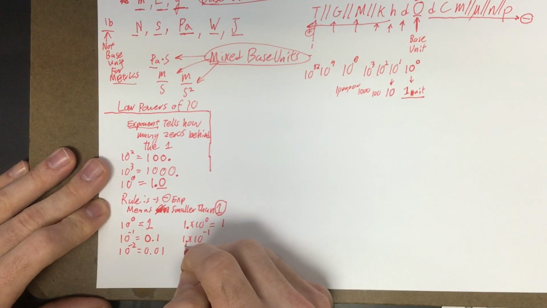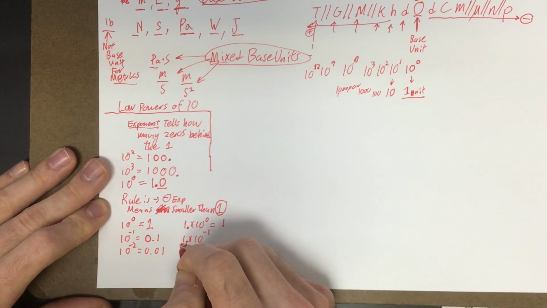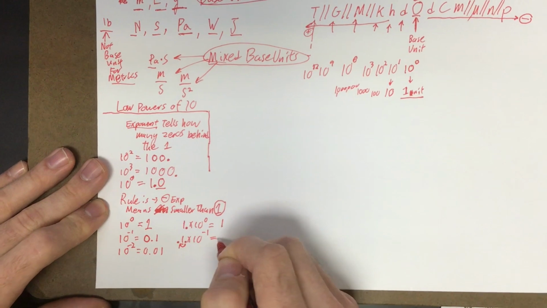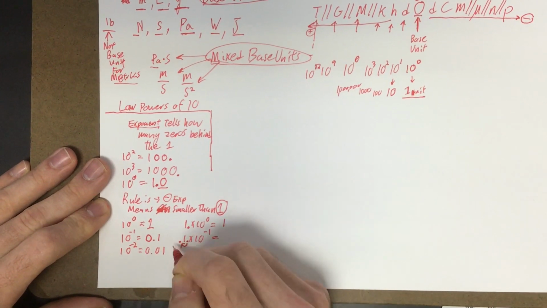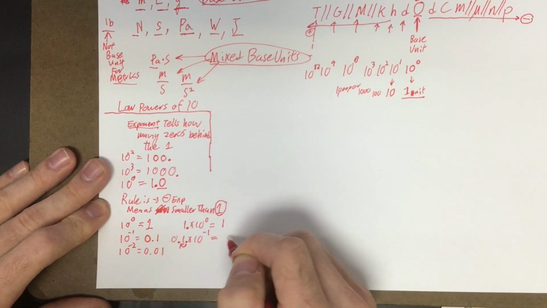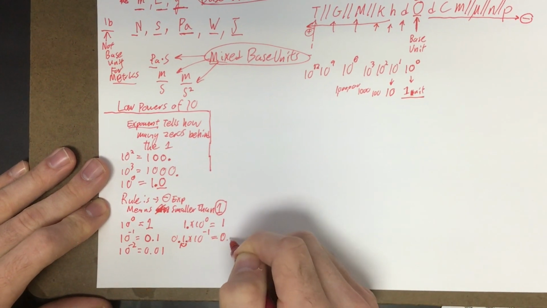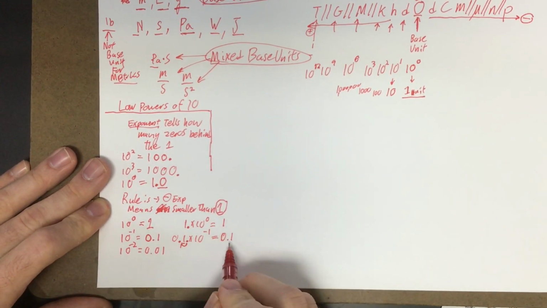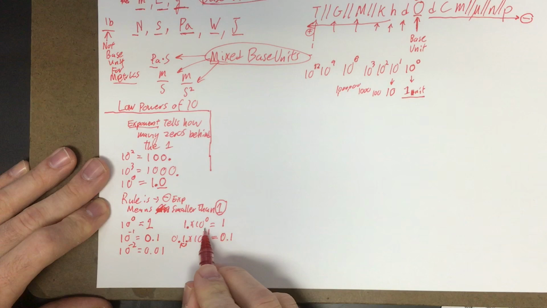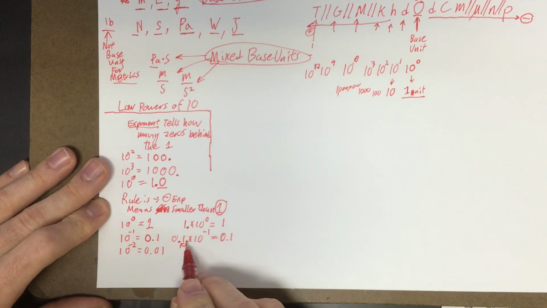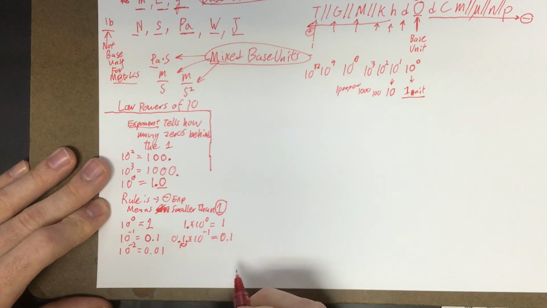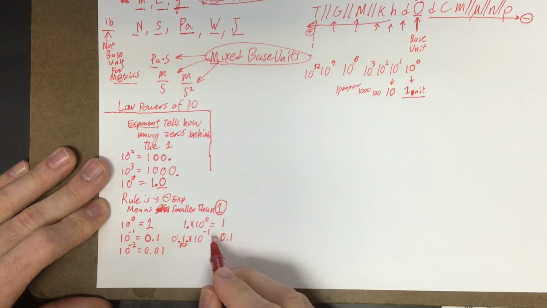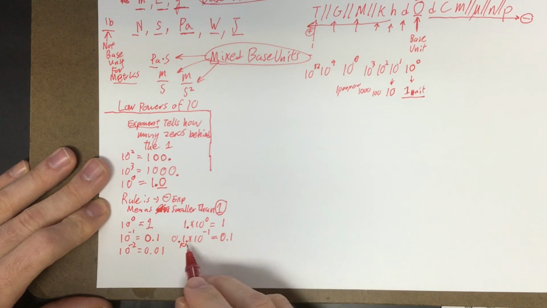Okay, so I'm going to move my decimal point there. And now when I write what it's equivalent to, I'm going to fill in my 0 and rewrite it. 0.1. Okay, so now we don't have to remember how many zeros go there by the exponent. We just remember how many times we have to move the decimal point because of our exponent. And we also need to remember which direction.